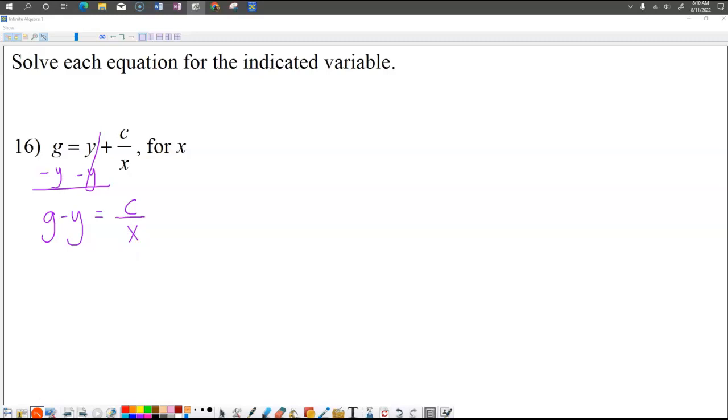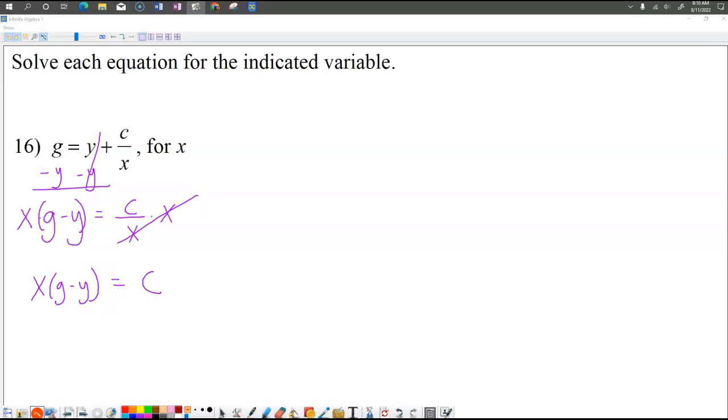Now, I can't really get x by itself until it's out of the denominator. So what I'm going to do is I'm going to multiply both sides by x, the thing I'm trying to get by itself. And so they cancel on this side. And I'm going to put this whole thing in parentheses because x is multiplying that whole side. So here's what I have as a result of doing that. So I got x out of the denominator.